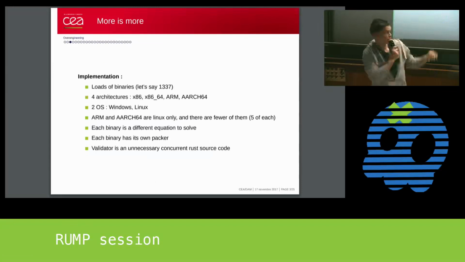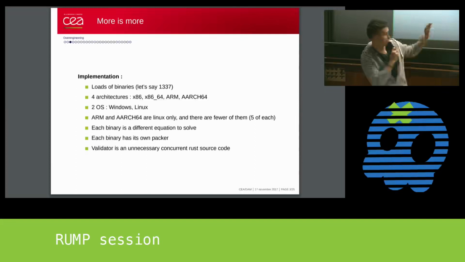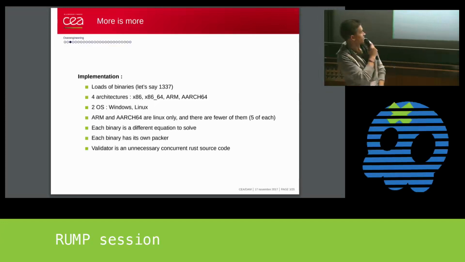So the implementation is a lot of binaries, let's say a list of architectures and OSes, and we just did a few ARM ones, and I will explain why later. Each binary is a different equation to solve, with its own packer, and the validator is an unnecessarily concurrent Rust source code.